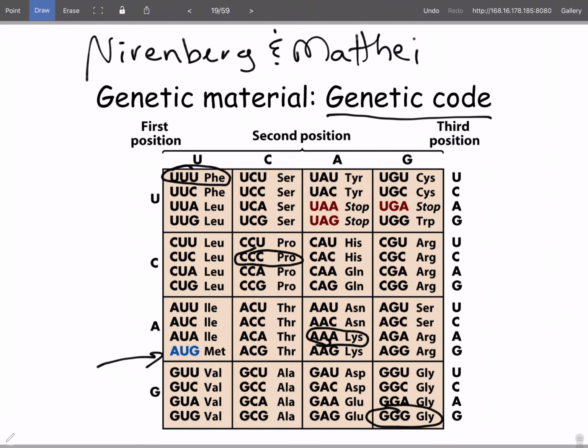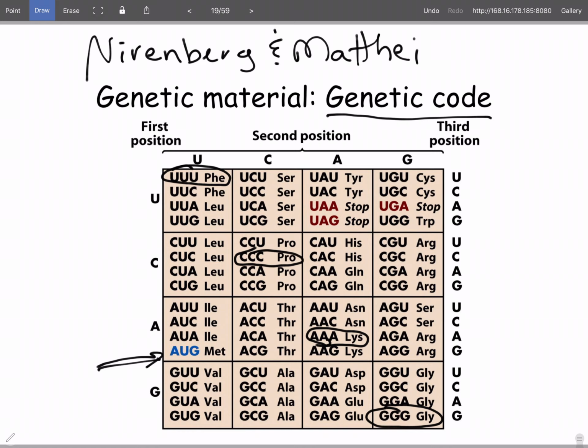And so then what they did was they started making combinations of the nucleotides and seeing what amino acids are in the polypeptide chains that result. Okay? And so over a course of about 5 years and a lot of experiments, they worked out this genetic code.